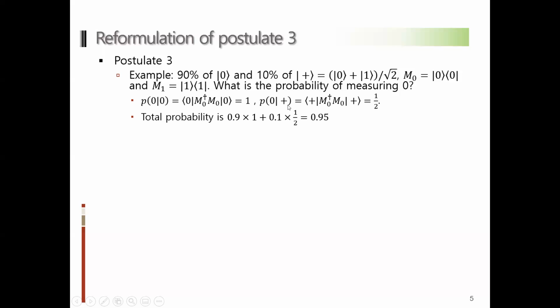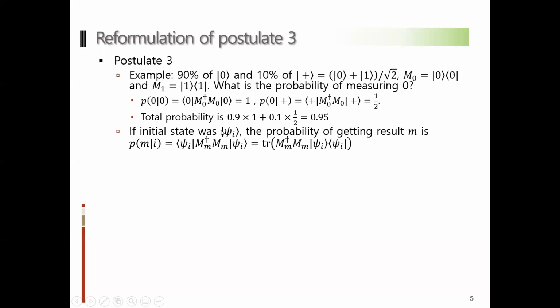So we also have to multiply the weighting factor of 10% in front of this probability. So the total probability should be calculated in this way.